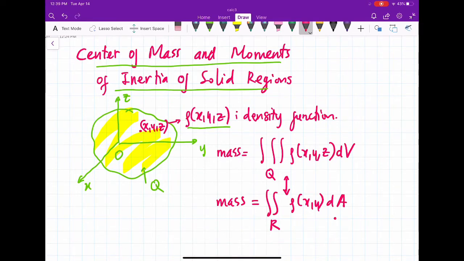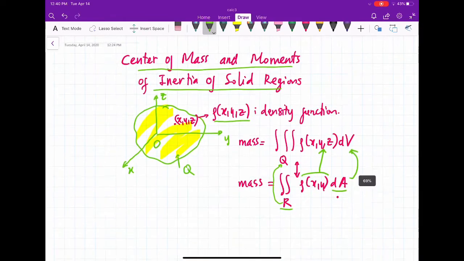So basically, when you go from the two-dimensional case to the three-dimensional case, area goes to volume, a function of two variables goes to a function of three variables, and the area in R2 goes to some solid region in R3. Make sense? That is a very common generalization of how to deal with solid regions.